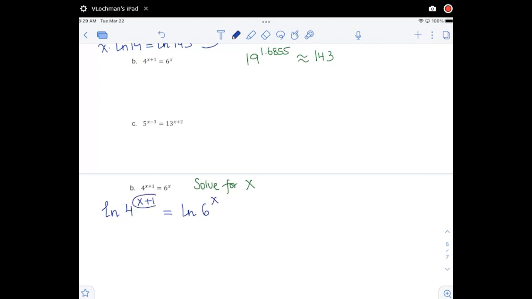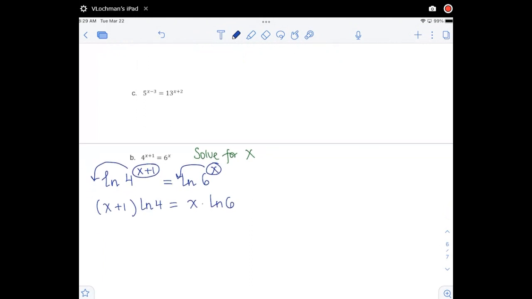Now I'm going to bring my powers down as coefficients. So this would be x plus 1 times natural log of 4 is equal to x times natural log of 6. Now I'm going to distribute everything on the left. This is x times natural log of 4 plus natural log of 4 is equal to x times natural log of 6.